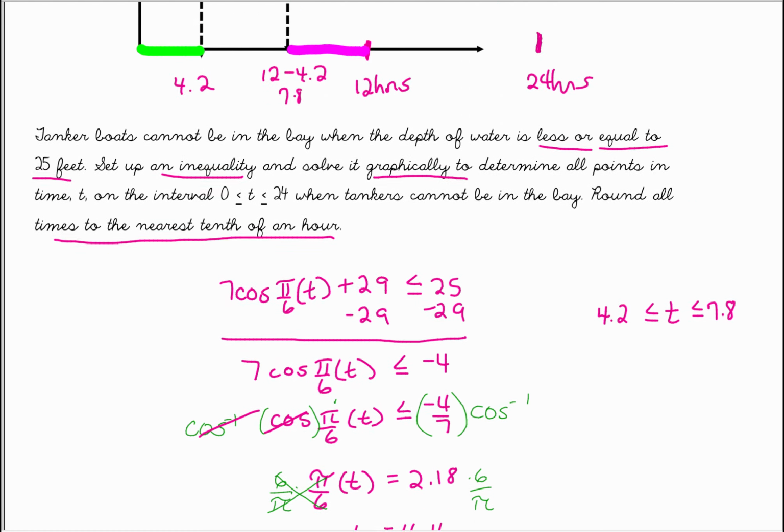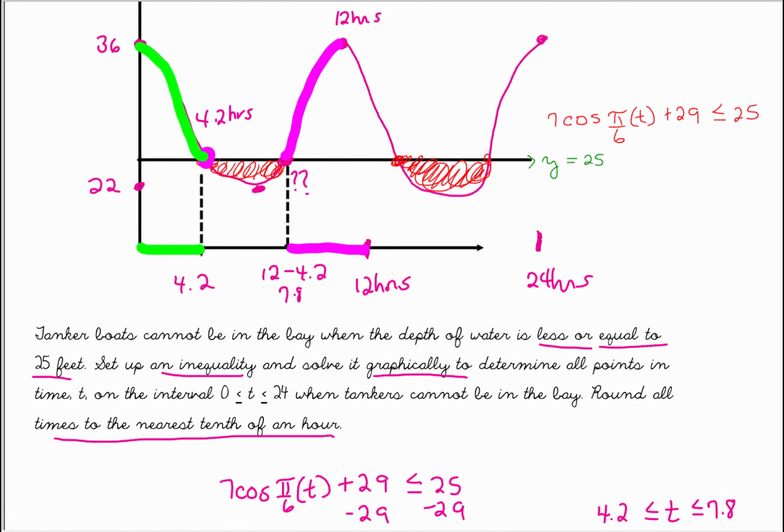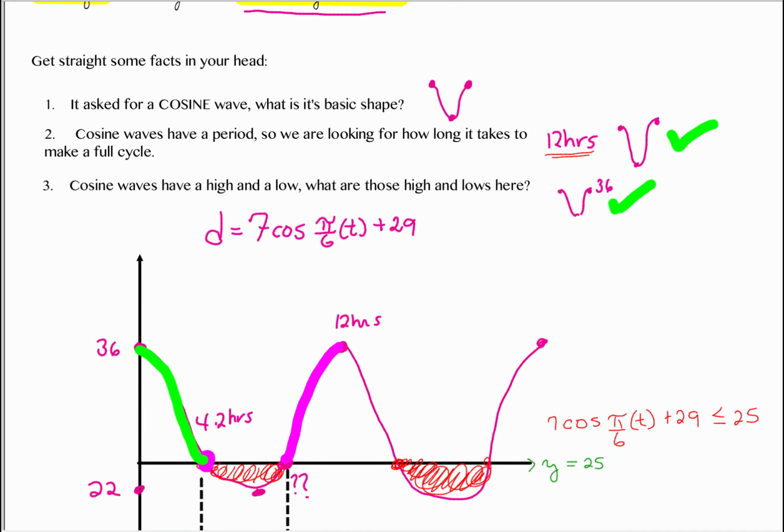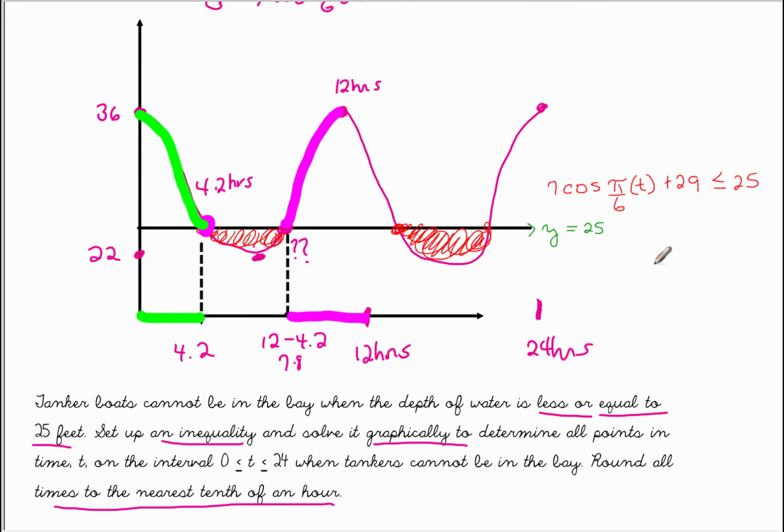Okay, so then when we go back up here, we have the same again, because now we have to look at after the second high tide hits. So once again, this is still the mirror image. That is 4.2 hours after the second high tide. Well, then what I'm going to do there is I'm going to say that's 12 hours plus we found out that was 4.2. So 12 plus 4.2 tells me that is 16.2.